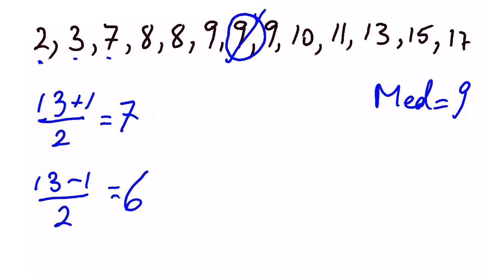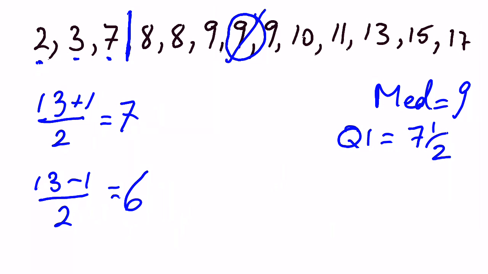So I'm going to do this in my head. I'm not going to write it down. 6 plus 1 is 7, divided by 2 is 3.5. So my quartiles will be between the third and fourth numbers. 1, 2, 3, in between third and fourth. So my Q1 is in between 7 and 8, 7.5.